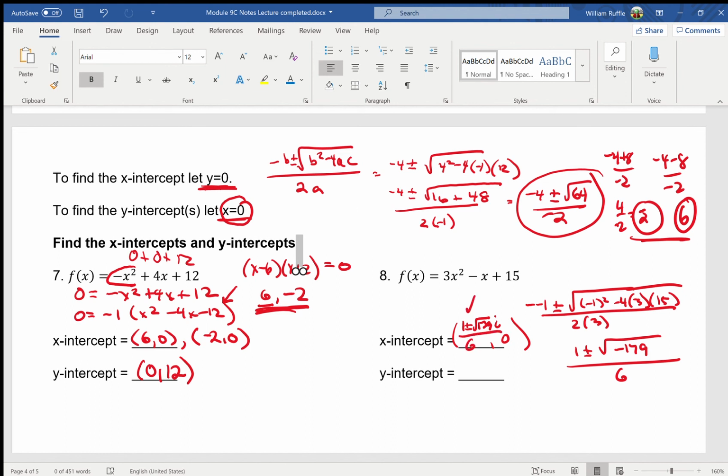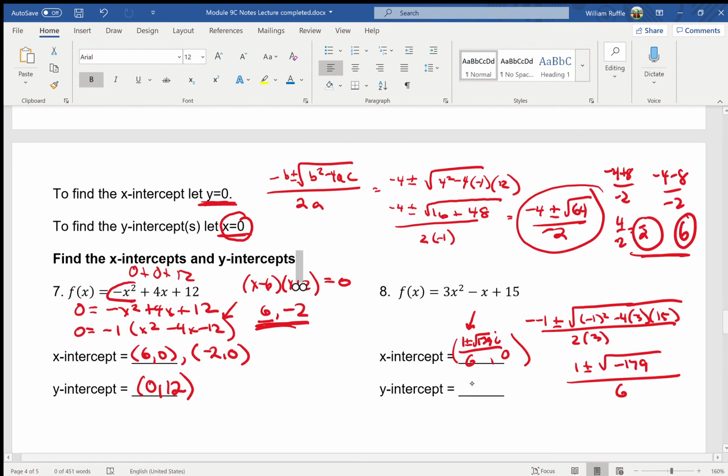And there's a plus or minus button on the keyboard there. Again, the y-intercept is where x equals 0. So if x is 0, 0 minus 0, 0 plus 15, so it's 0, comma 15, and I am done. There'll be some examples like this to practice. But that's the end of the first half of the 9C video.